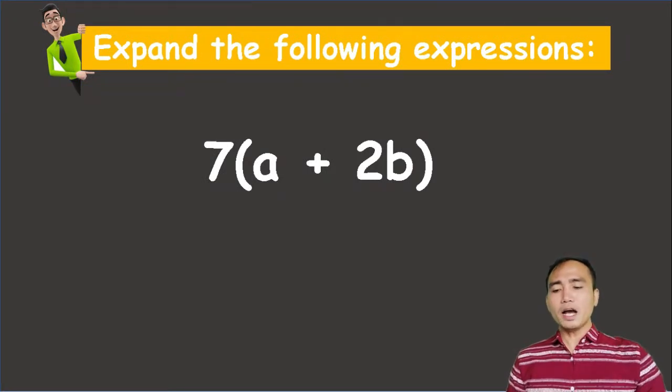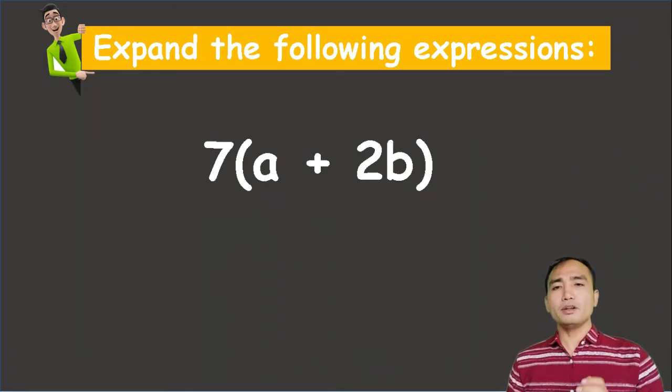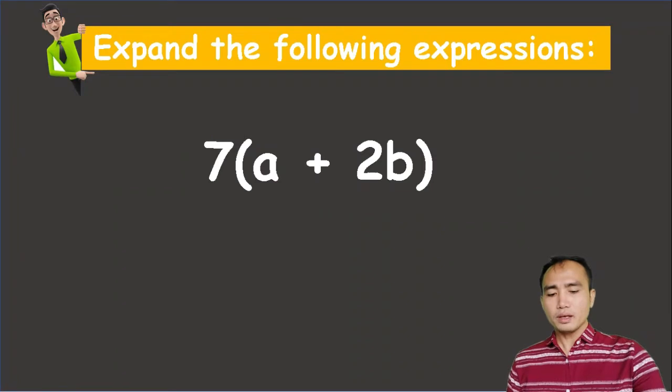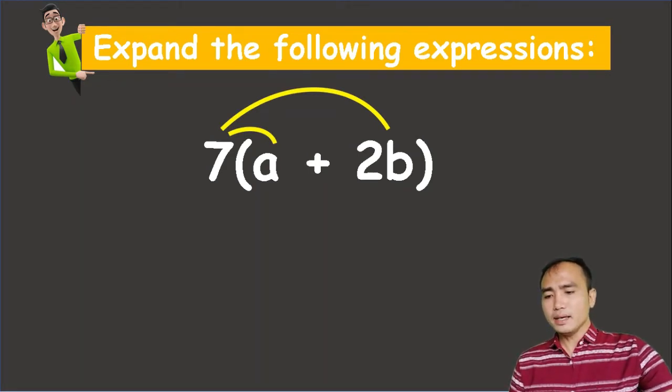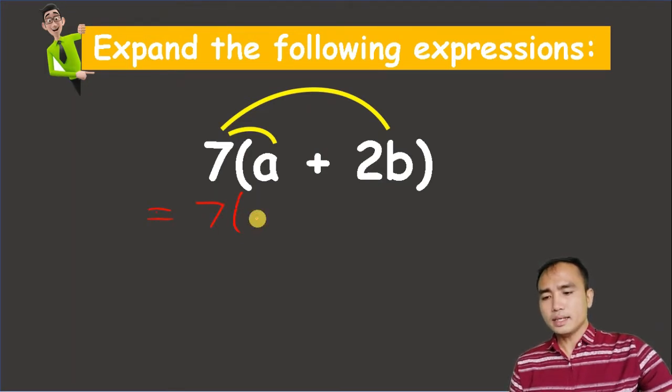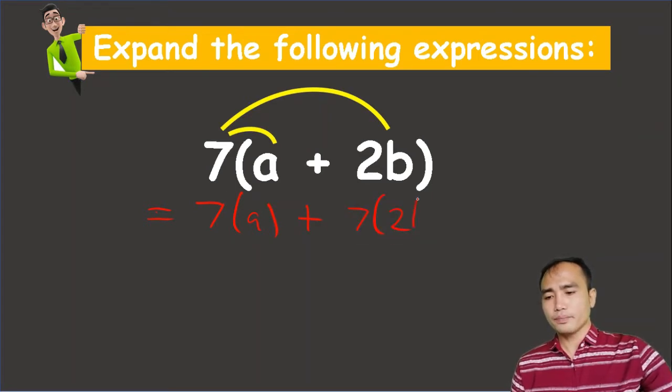How about if we encounter multiplying a monomial to a binomial? Binomial because we have two terms, a plus 2b. So 7 times the group a plus 2b. Okay, again we are going to do the same process, 7 times a plus 7 times 2b.